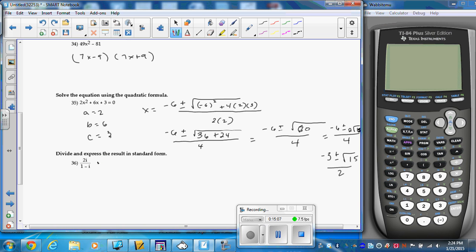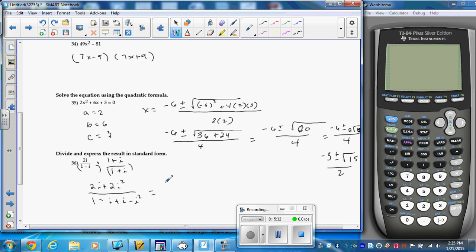In the last one, you multiply by the conjugate, so it's 1 plus i, and you FOIL the top and the bottom. So it's 2i plus 2i squared over 1 minus i plus i minus i squared.